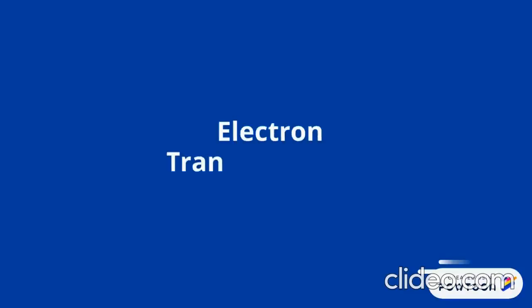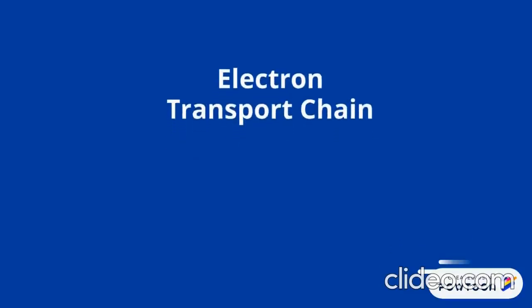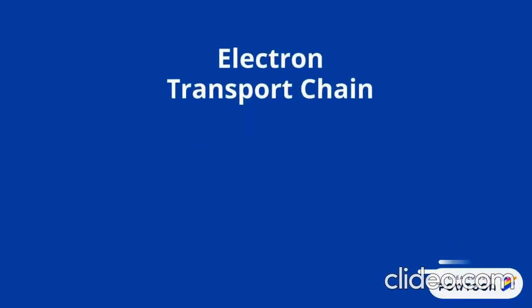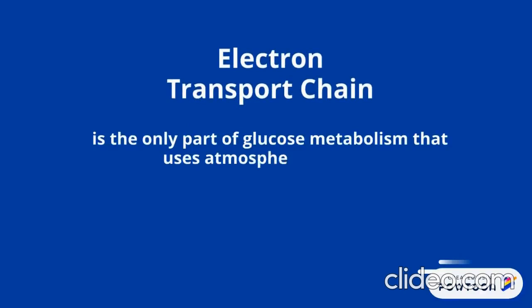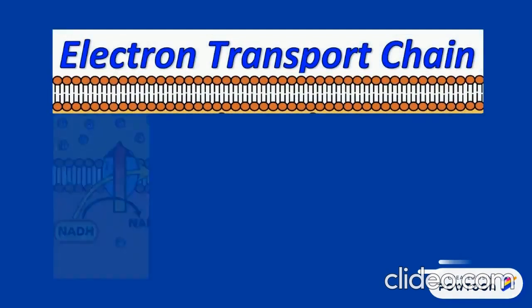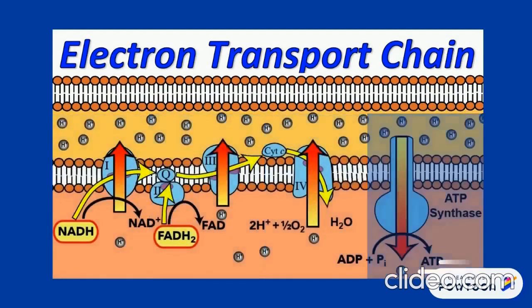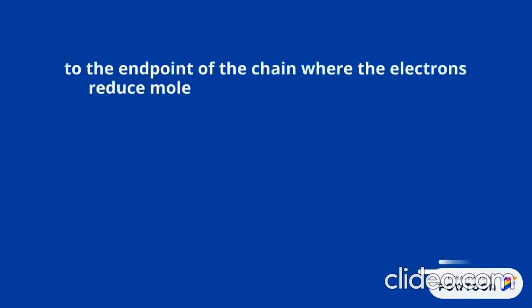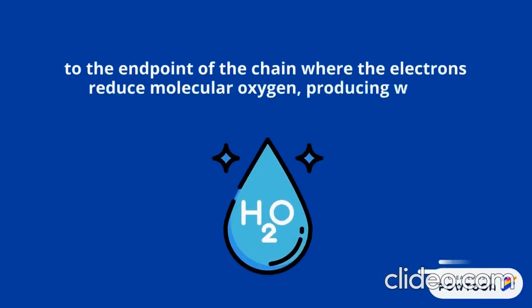The electron transport chain is the last component of aerobic respiration and is the only part of glucose metabolism that uses atmospheric oxygen. Electron transport is a series of redox reactions that resemble a relay race in that electrons are passed rapidly from one component to the next, to the end point of the chain where the electrons reduce molecular oxygen, producing water.